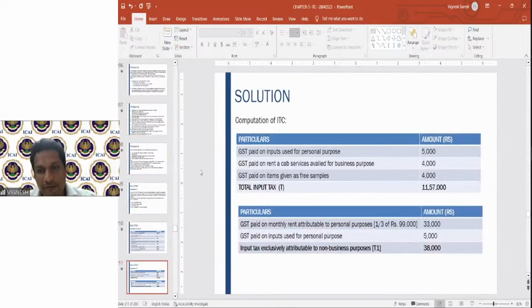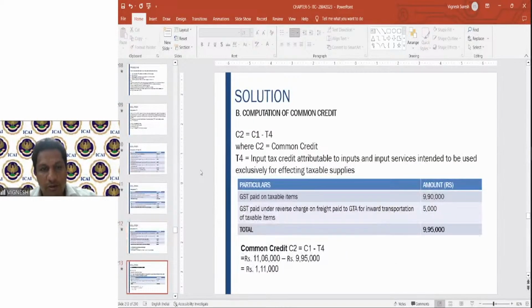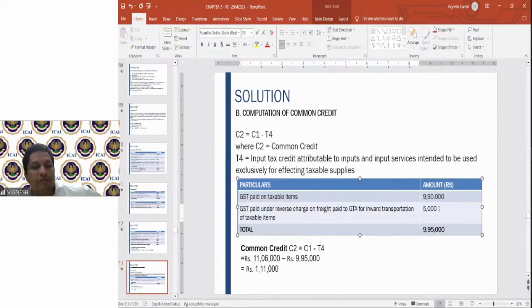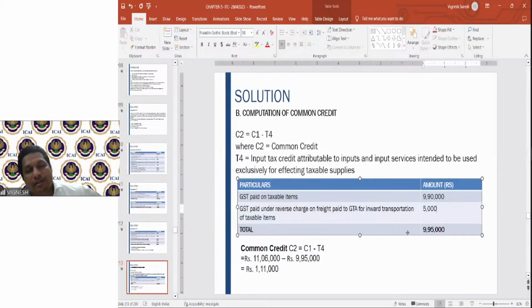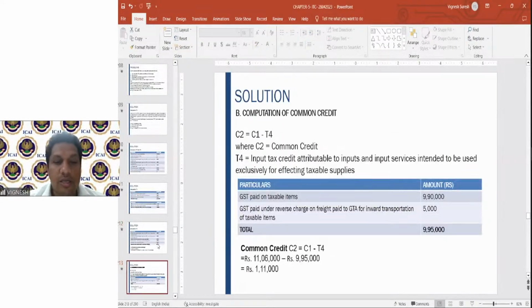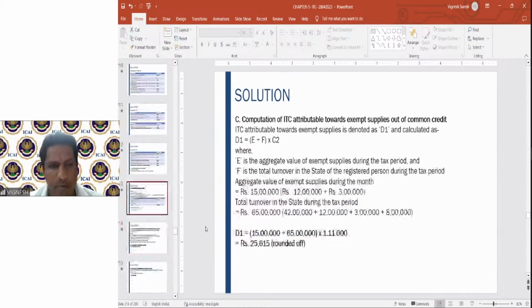So GST on taxable items 55 lakhs into 18%, 9.9 lakhs. Then reverse charge on freight paid to GTA on inward transportation of taxable items, 5,000. 9,95,000 is your GST exclusively used in the taxable supply. So from 11,06,000, you remove 9,95,000, which gives 1,11,000, your common input tax credit.